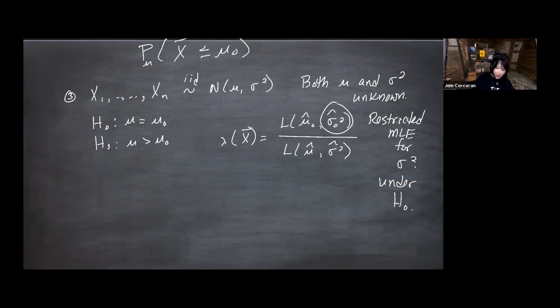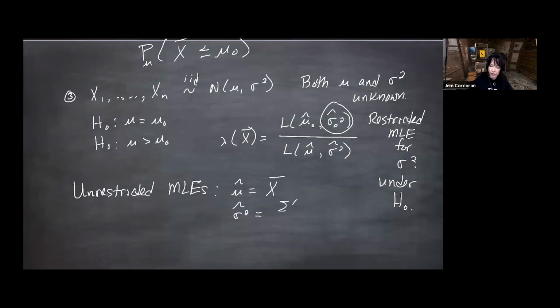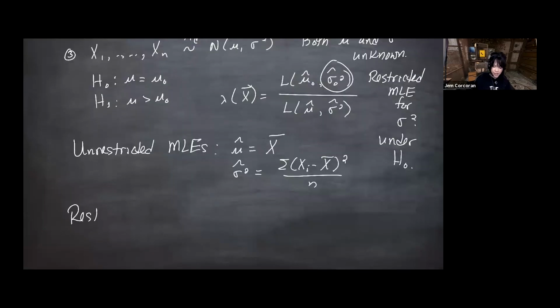And so the regular unrestricted MLEs: the mu hat is going to be x bar, and the sigma squared hat is almost the sample variance, but it's the biased version. It's the sum of xi minus x bar squared over n. And restricted, the mu 0 hat, we are restricted to the case where mu can only be mu 0.